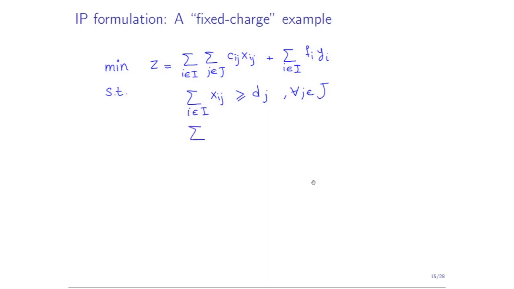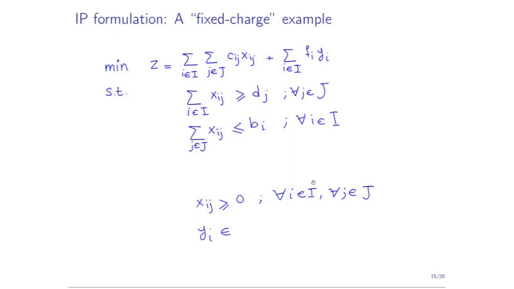So the summation over j's of xij must be less than or equal to the capacity of depot I for every I in the set I. And I also know that these variables must be non-negative for every I in I, for every j in J. And the other variables that I defined are binary variables, right?